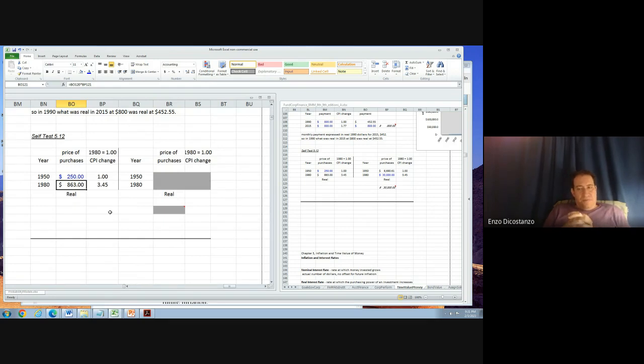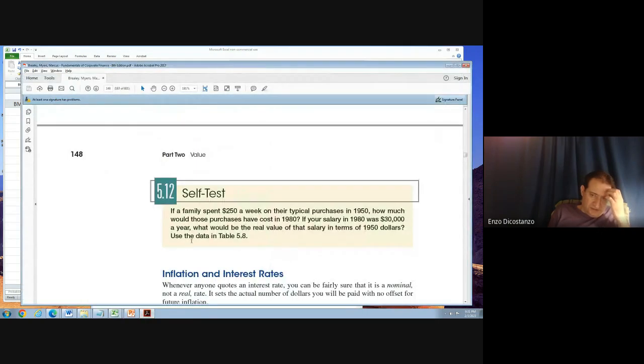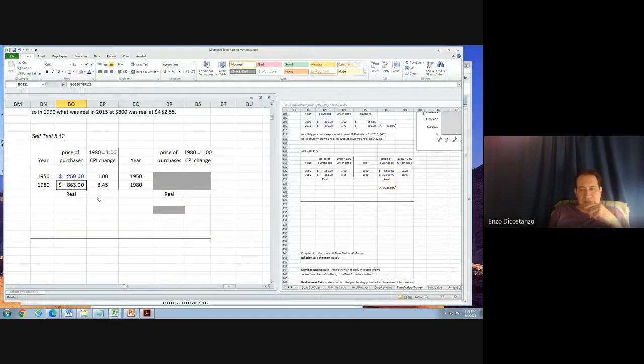Okay, and then the other part of this was, if the salary was 30,000, what's the 1950 version of this? So if you're at 30,000 today, what's the 1950 version of that?